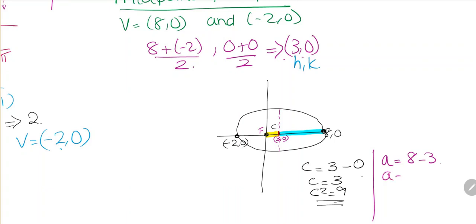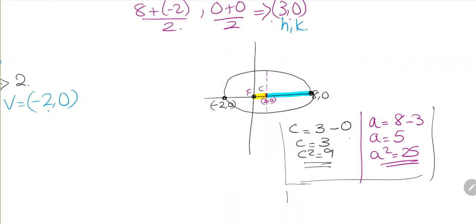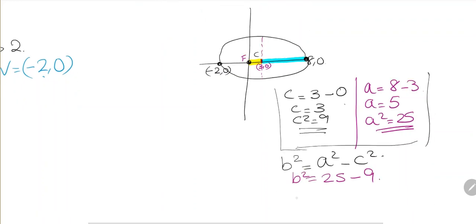So a will be 5, so a squared is 25. Now we need to find b. We can find b by rearranging our equation: b squared is going to be a squared minus c squared. We know that a squared is 25 and c squared is 9, so b squared is going to be 16.